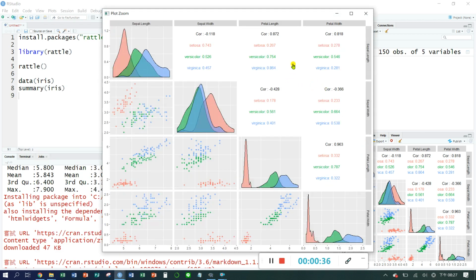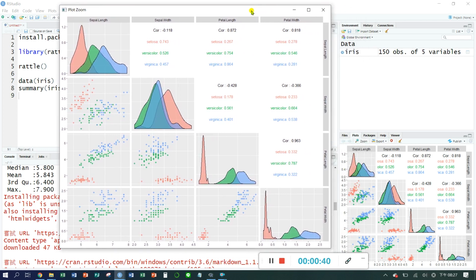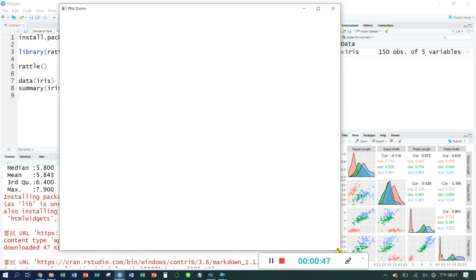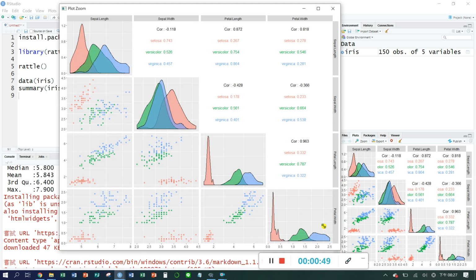Don't you think this diagram is professional? It looks more professional than Excel. So here is a pairs diagram for each variable. How do we read and understand what the diagrams mean?